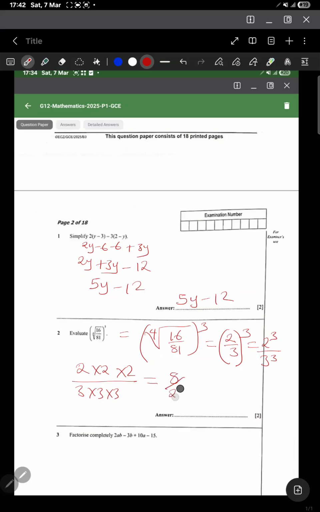Is it 27? 3 times 3 is 9, 9 times 3 is 27. Yes. So our final answer is 8 over 27. That is how you should solve that question.